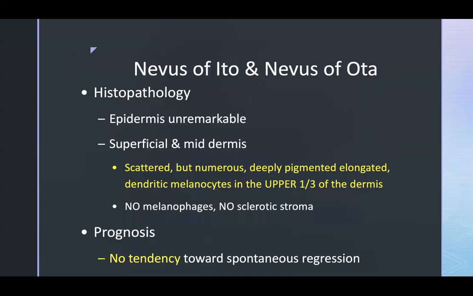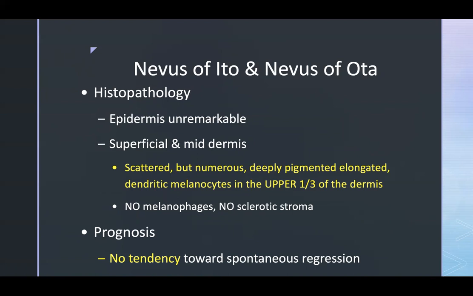On path, you're going to see the epidermis is relatively unremarkable, but in the superficial and mid dermis, you're going to have scattered but numerous deeply pigmented and elongated dendritic melanocytes in the upper third of the dermis. You shouldn't expect melanophages. You could have some melanophages, but that's not where the pathology is. The pathology is spindled dendritic melanocytes.